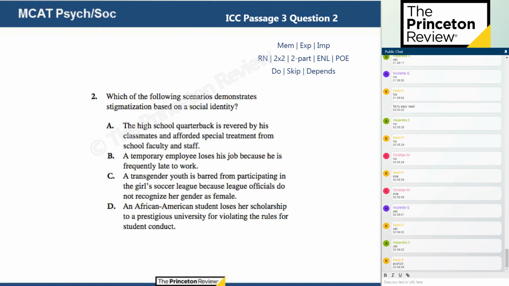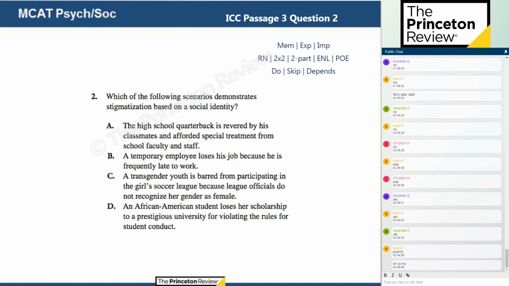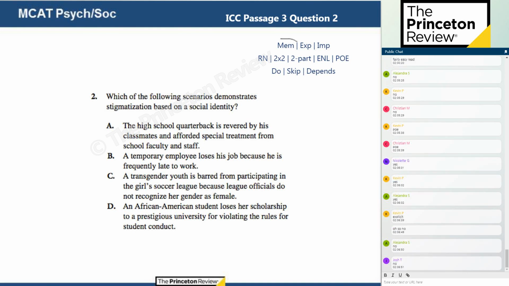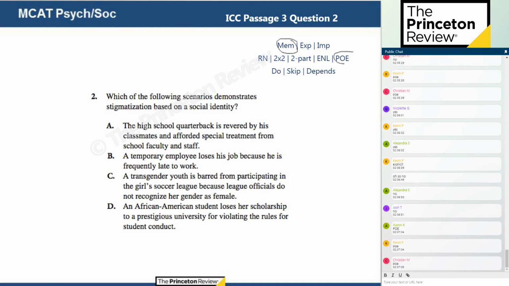Explicit asks you to figure out something directly from the passage. Does this have anything to do with the passage? Yeah, no, it's a memory question. It's just knowing what stigmatization is based on social identity. So what's our strategy? Again, process of elimination. So we just go ahead and do it.